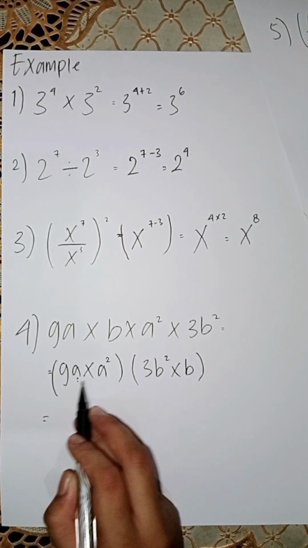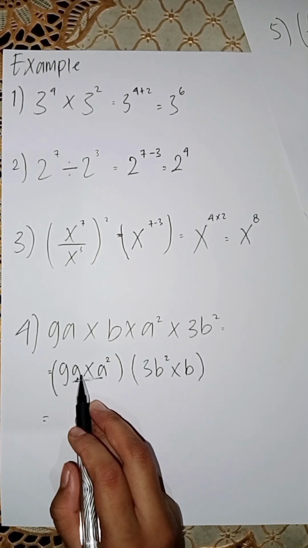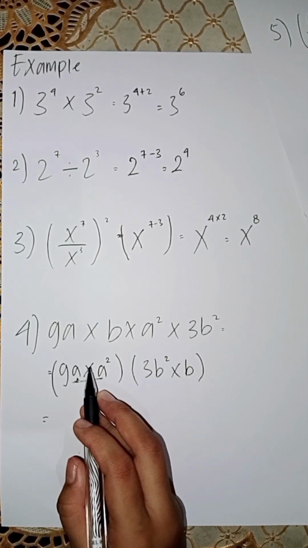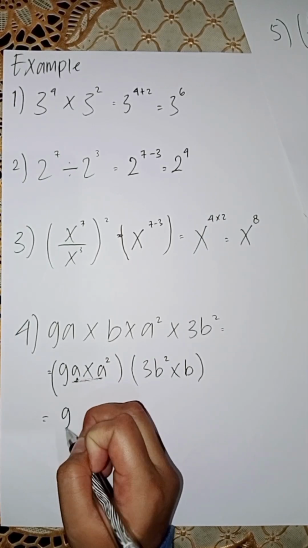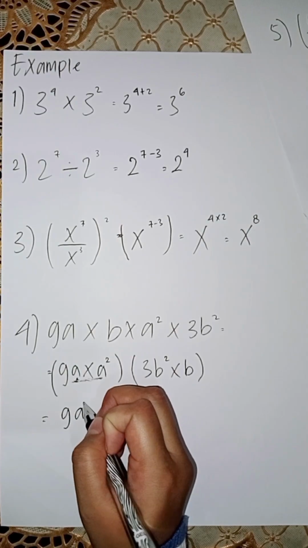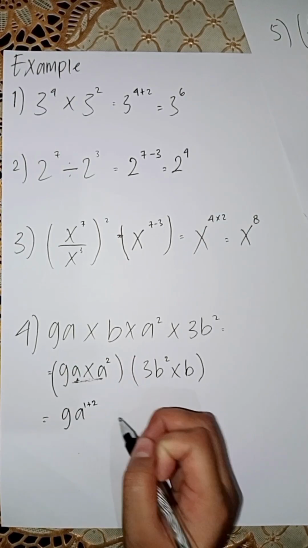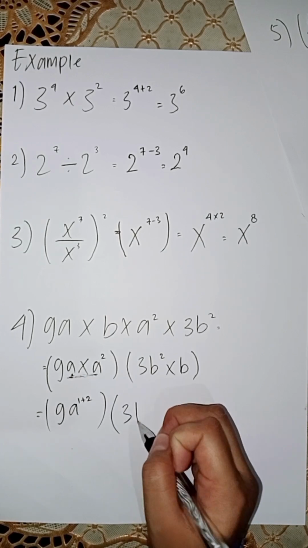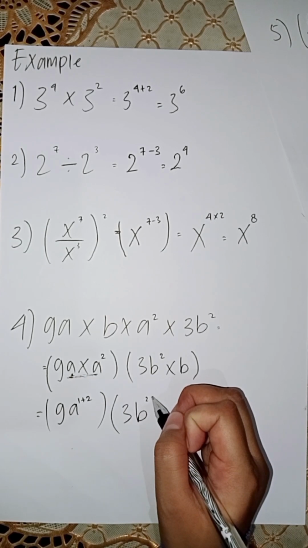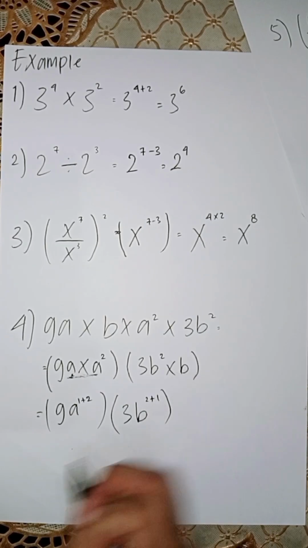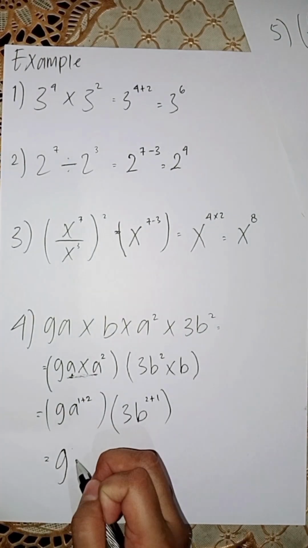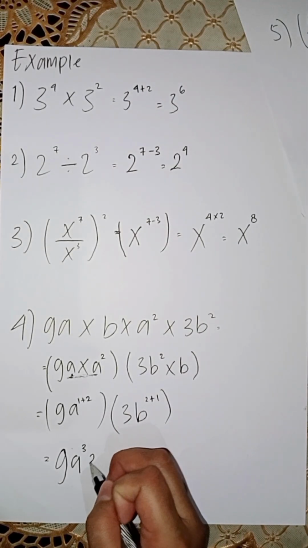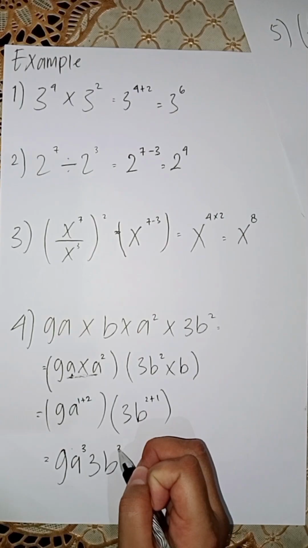Because it's multiplication, we can add the powers. So 9 times a to the power of 1 plus 2, times 3b to the power of 2 plus 1, like this. So equals 9a to the power of 3 times 3b to the power of 3, like this.